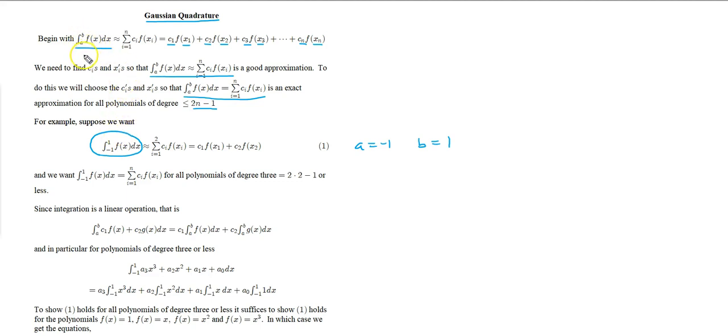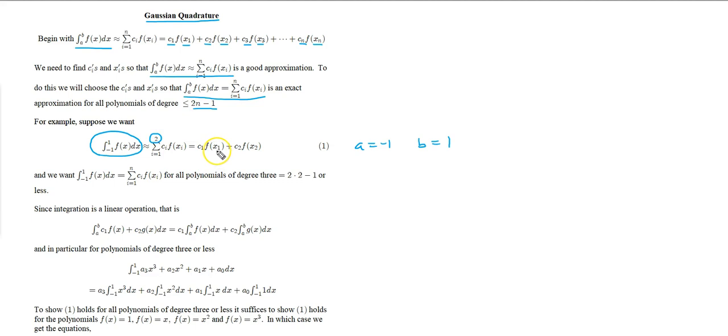We'll generalize that to a and b later on, after we figure out what the x's and c's are supposed to be. Now suppose we just want to do something pretty simple here. We just want to say that this definite integral is going to be approximately equal to c1 times f of x1 plus c2 times f of x2. So the little n in this case is 2.